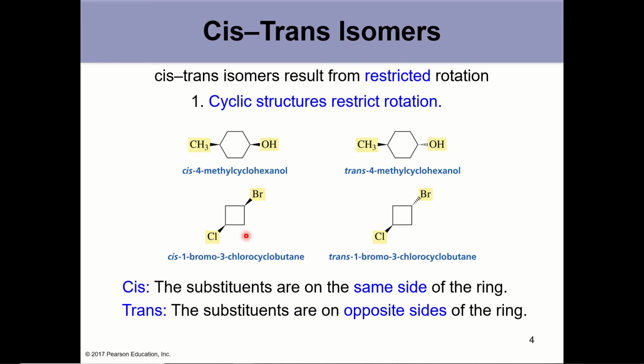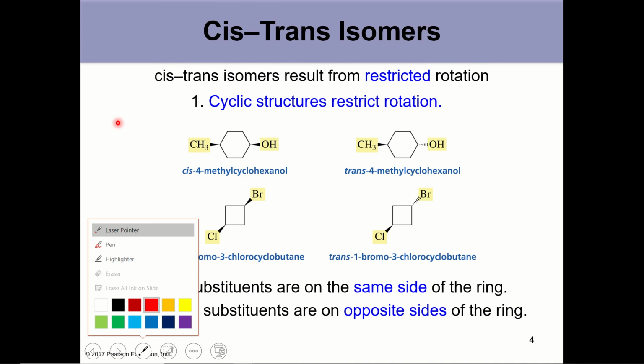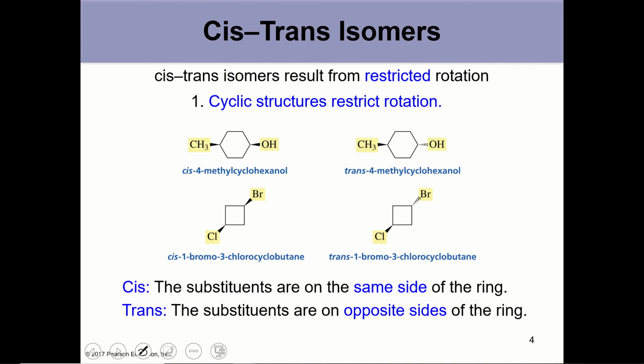It's simply how is the ring oriented in space. If you take the cis-4-methylcyclohexanol and physically flip it over in your brain, then the wedges will be going back.